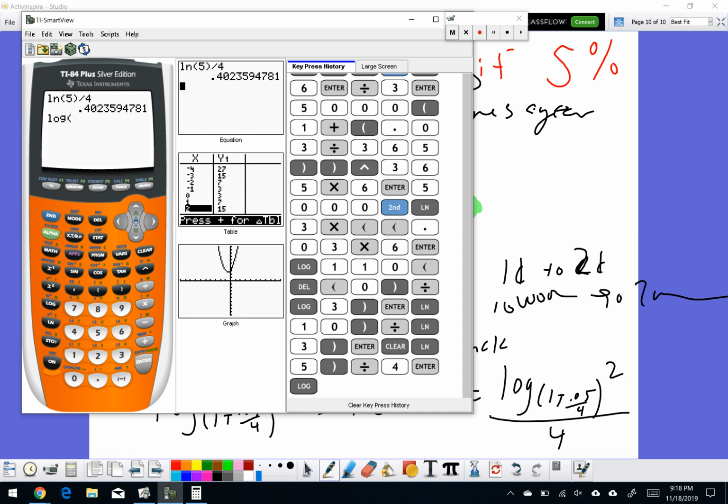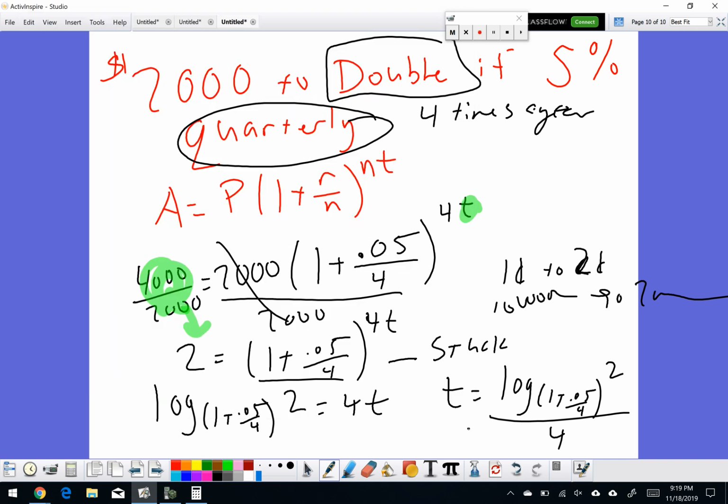So I have log. Now remember, we got to change the base. So let's quickly do that here. This would be ln of 2 over ln of (1 + 0.05/4), all over 4.